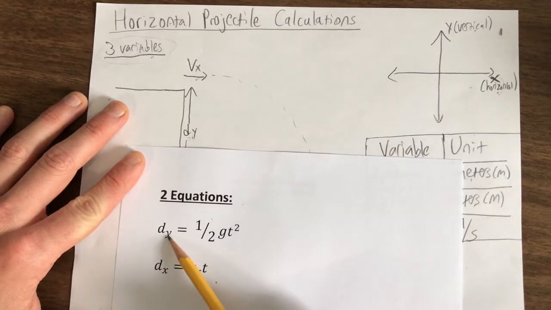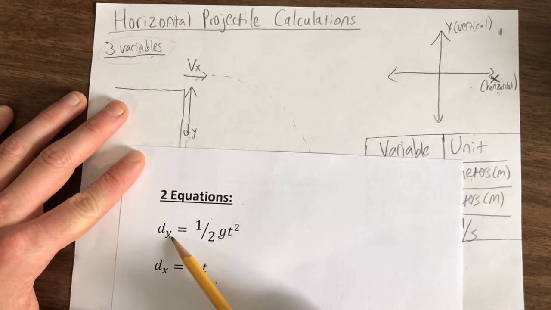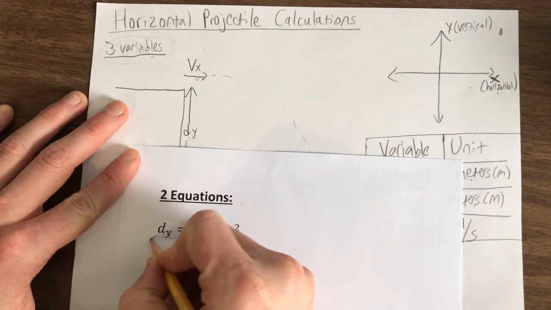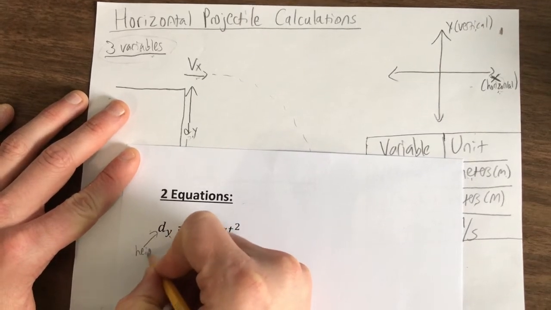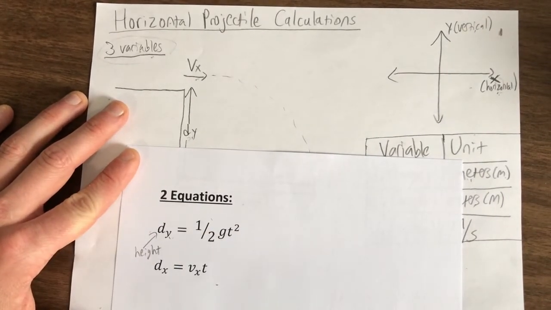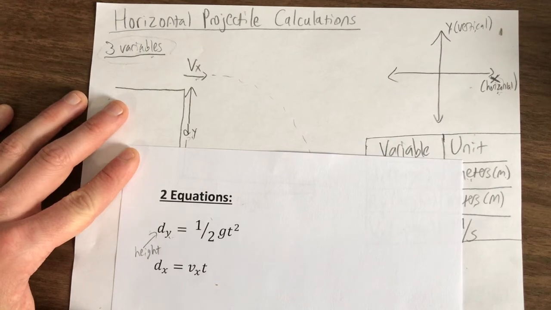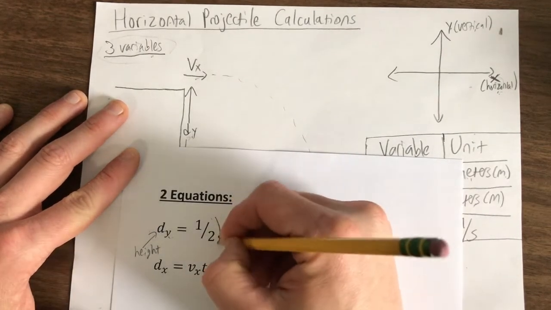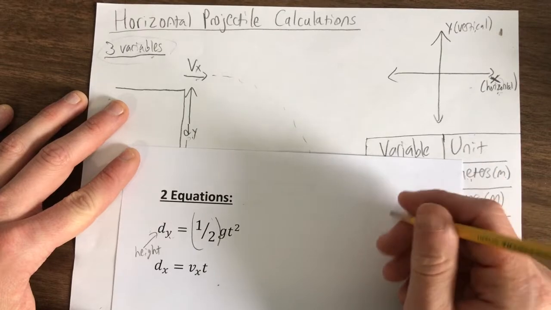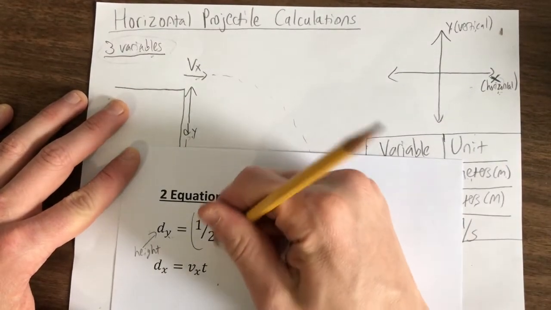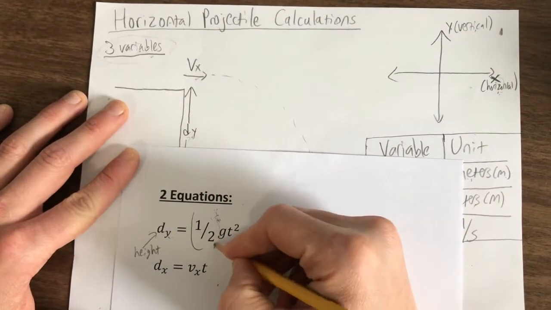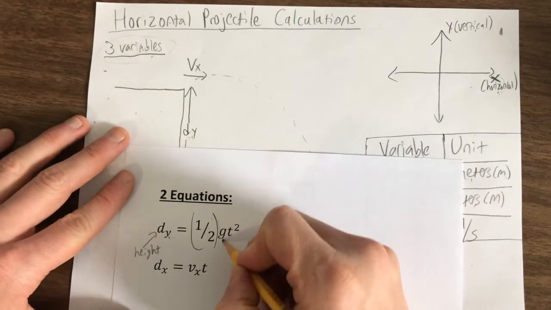Your first equation is an equation about y. It's distance in the y, or the height, in other words. Remember, that is the height. If you read height in the problem, it gets plugged in there for distance in the y, and it has 1/2. You could put it in parentheses if you like. It doesn't make a difference whether it's in parentheses or not.